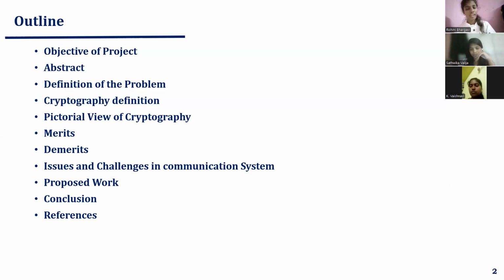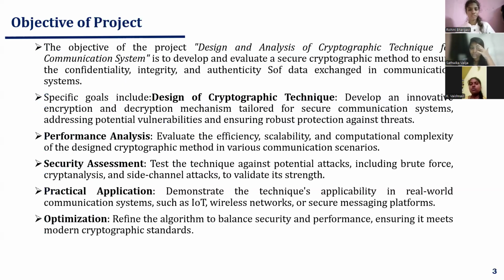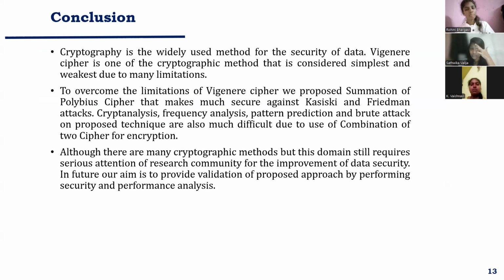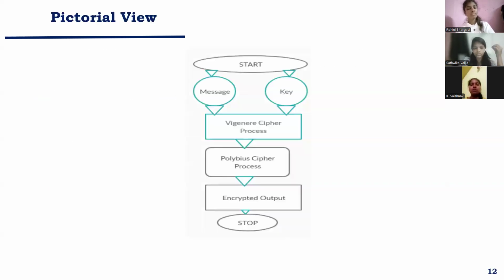Cryptanalysis, frequency analysis, pattern prediction, and brute force attacks on the proposed technique are also much more difficult due to the use of a combination of two ciphers for encryption. Although there are many cryptographic methods, this domain still requires serious attention from the research community to improve data security. In future, our aim is to validate the proposed approach by performing security and performance analysis.